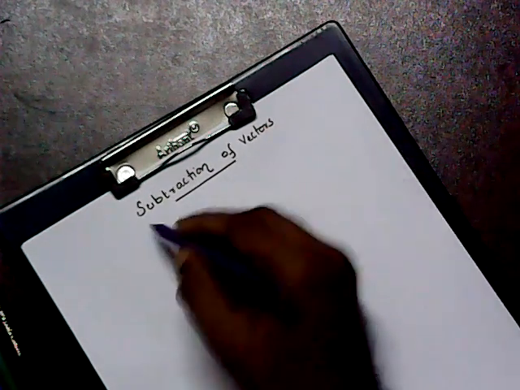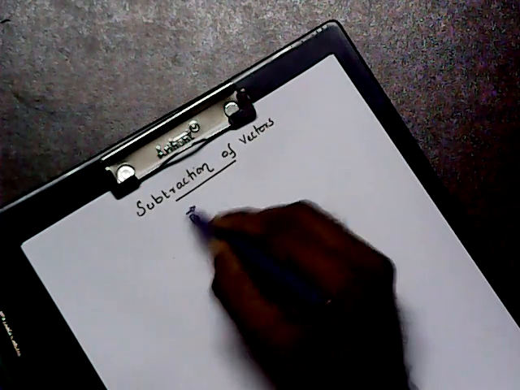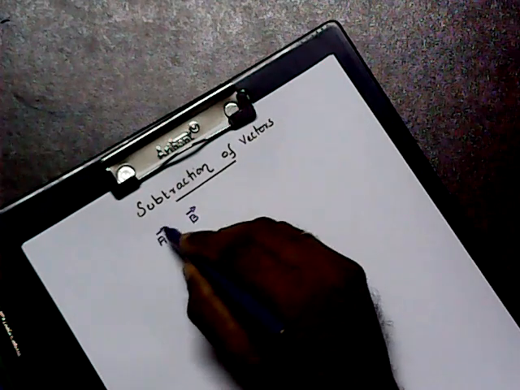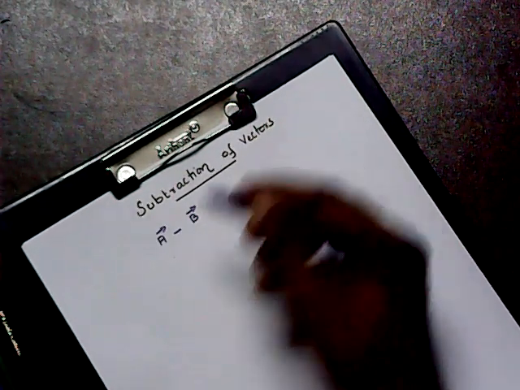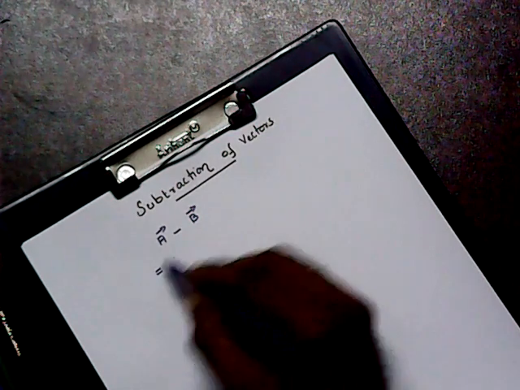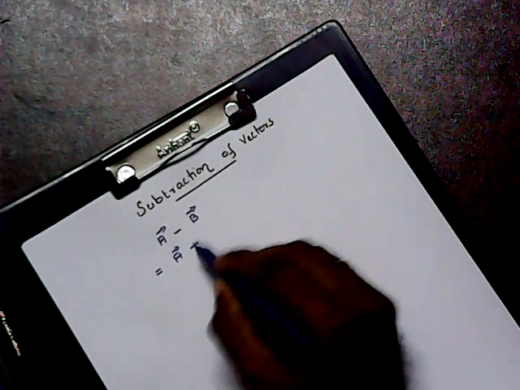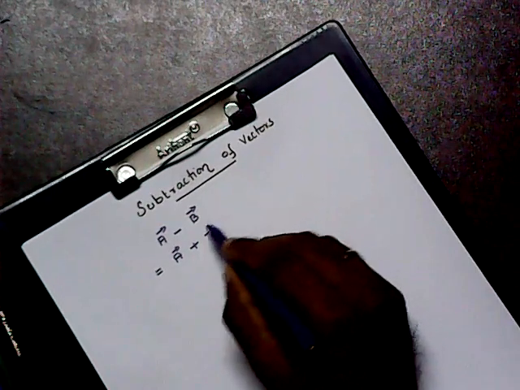So we can subtract the vector b from a. We write this as vector a minus vector b. But we can write this simply as a plus minus b.